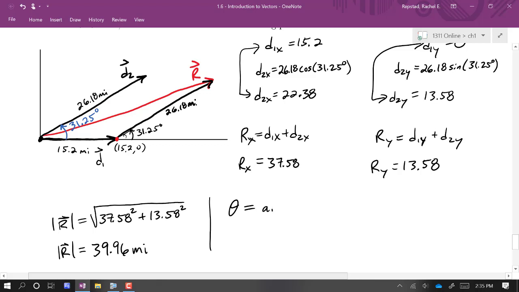So theta is arctan of Ry over Rx, 13.58 over 37.58.